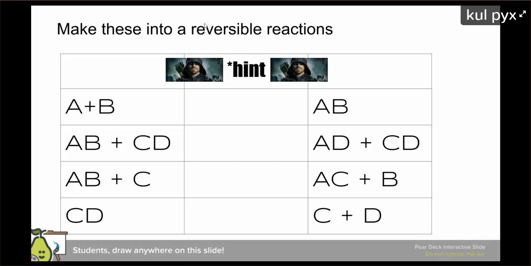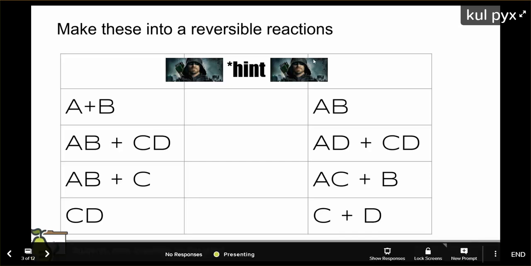So, alright, we got my hint with 2 arrows, things going back and forth. Hopefully this hint can help you guys out in making these 4 reactions into reversible reactions. Reaction goes forward, reaction should also go backwards, and there are 2 arrows as your hint. Can't give this to you, but hopefully you guys are catching that kind of hint. Wink wink, nudge nudge. Alright.